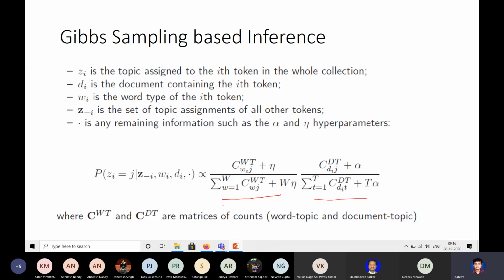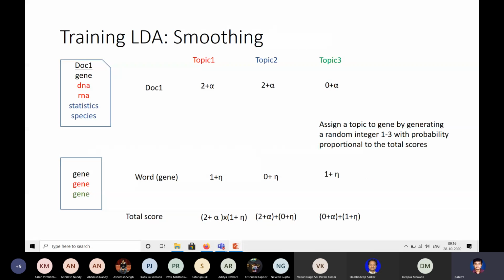The CWT is nothing but these values, this count rather, these values CWT are these values without the eta.